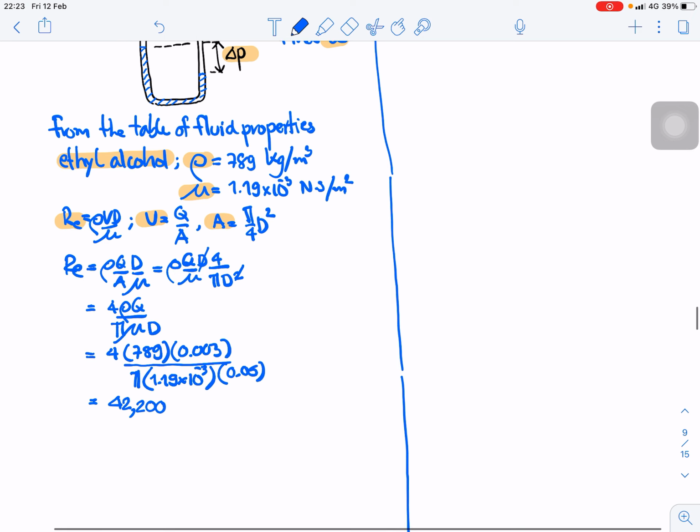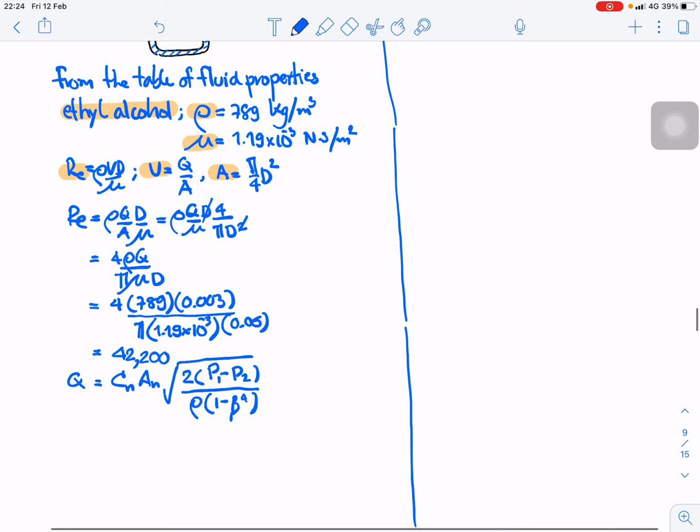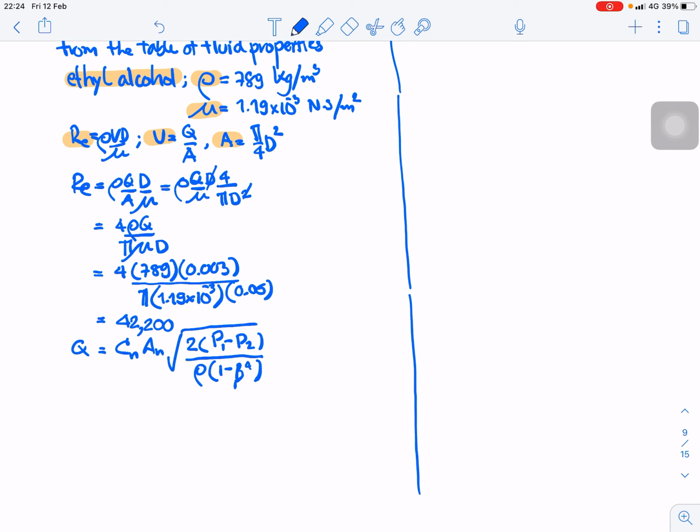And from the equation, Q is equal to the coefficient Cn times An, divided by the square root of 1 minus beta to the power of 4.